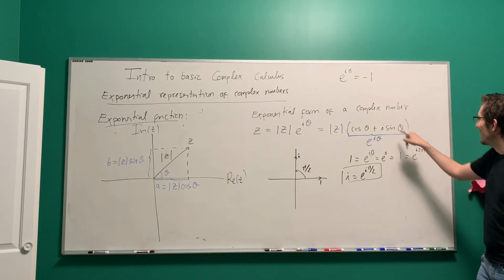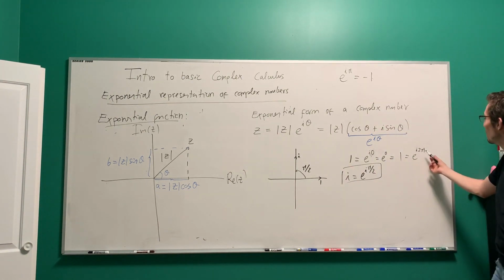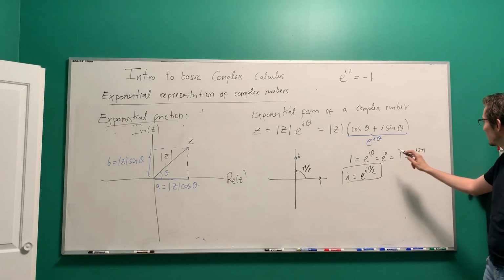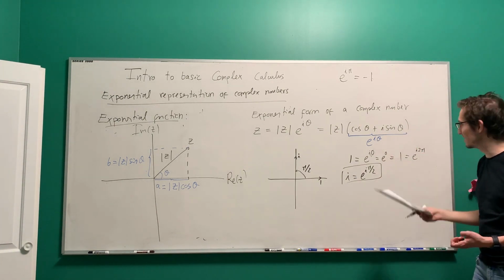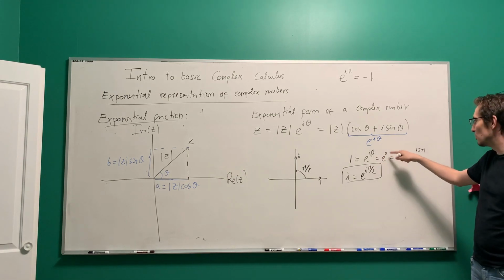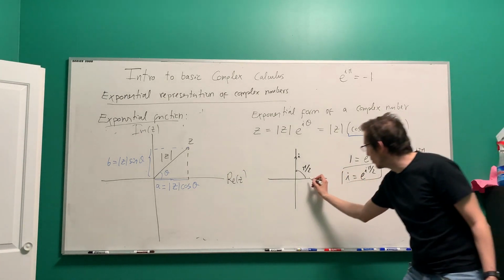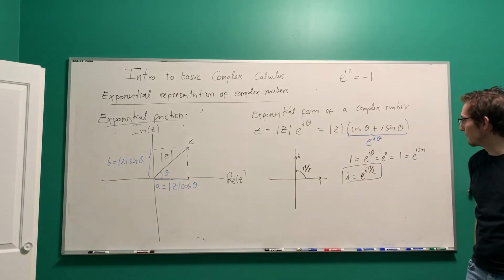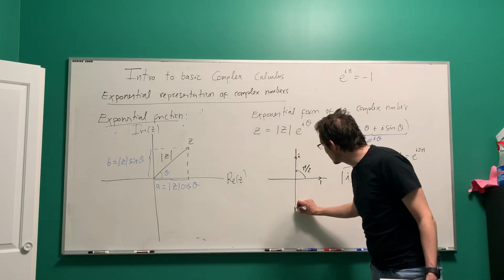You see, these are trigonometric functions that are 2 pi periodic, so I can write 4 pi and 6 pi. You can always add multiples of 2 pi, modulo 2 pi, in all these expressions. So 1 is e to the 0, which is 1 of course, but it's also e to the i 2 pi, because you can do the full turn. All right, let's do another one. Let's do minus i.